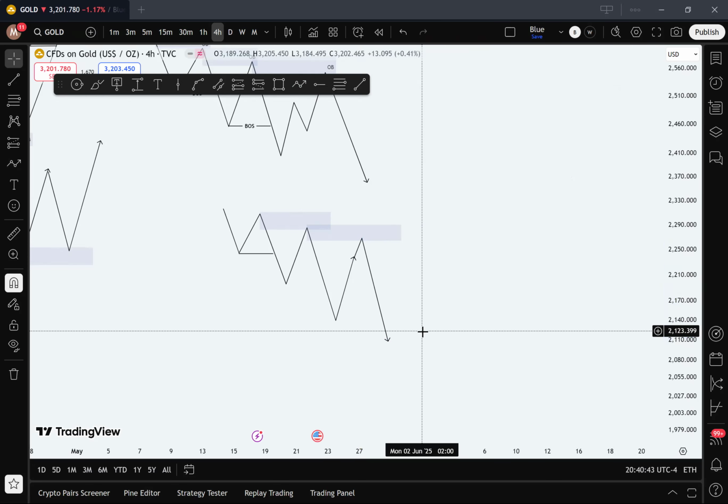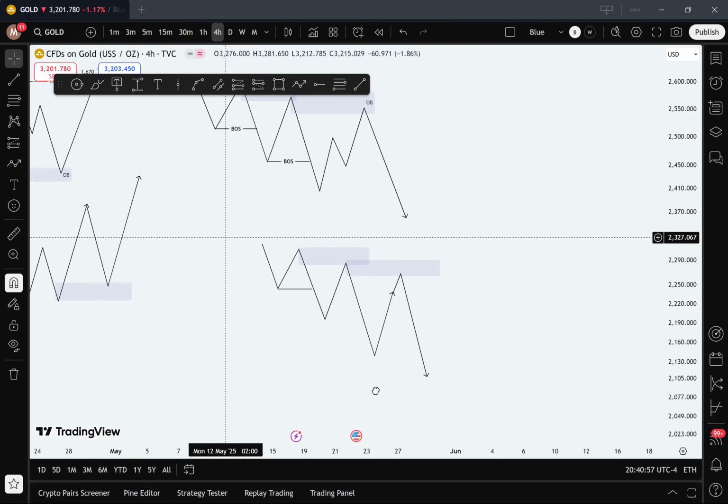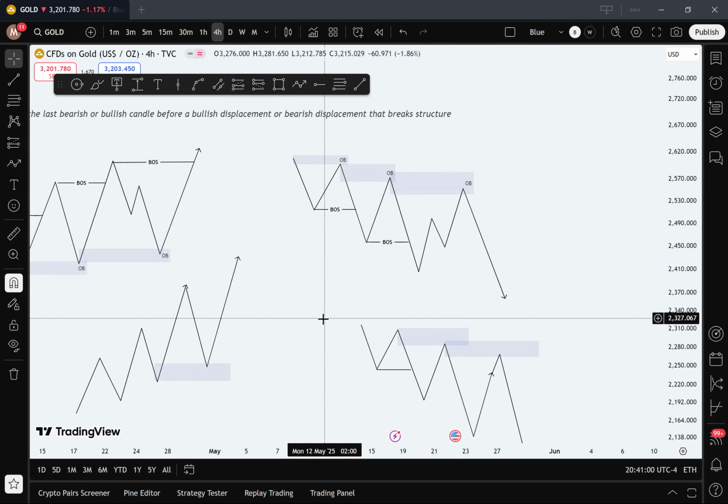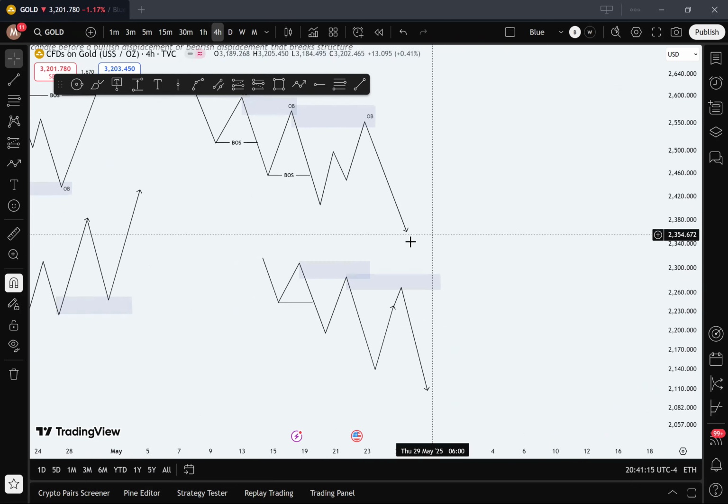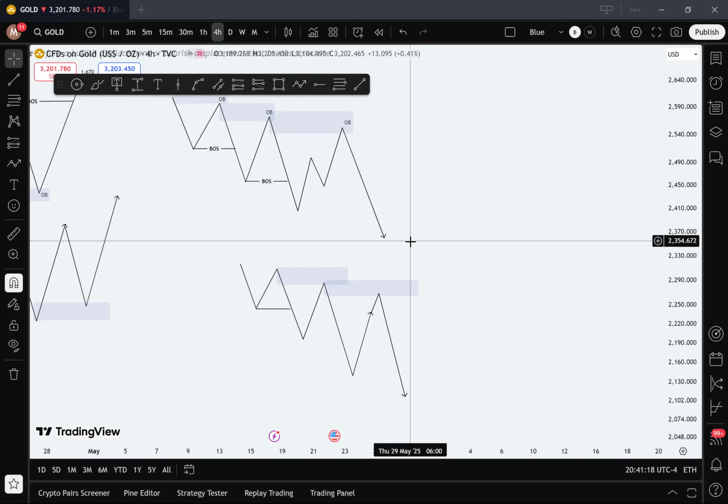So the only thing that you have to do is get your structure right. When you get your structure right and you determine that we are in a downtrend or an uptrend, the only thing left for you to do is identify your order block. Now, as I've mentioned, an order block is the last bearish or bullish candle before a bullish or bearish displacement that breaks structure. So what makes an order block valid is that it breaks structure.